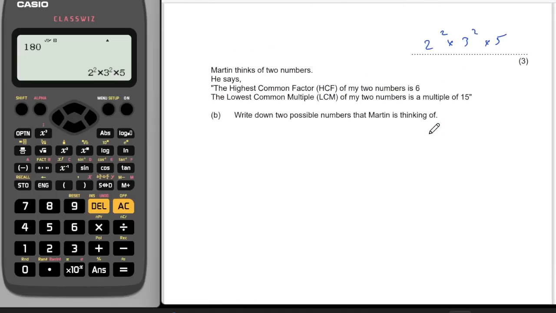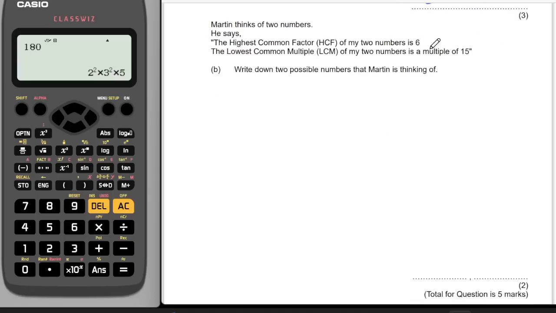Okay, question 2 says then, Martin thinks of 2 numbers. He says the highest common factor of my 2 numbers is 6. The lowest common multiple of my 2 numbers is 15. Write down 2 possible numbers that Martin could be thinking of. So if we were listing all the factors and putting them in a factor tree, the highest common factor of them is 6. And then they need to be a multiple of 12.